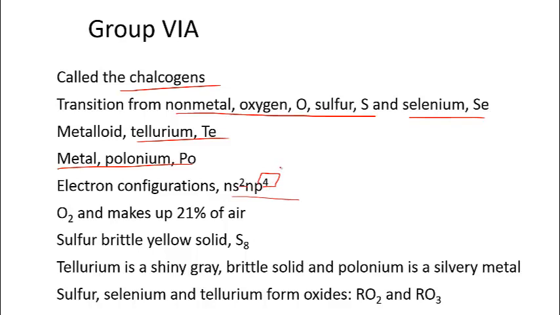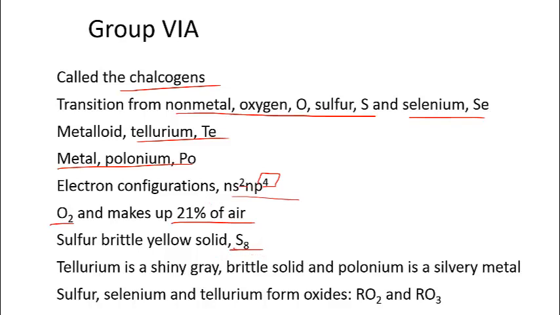Oxygen, like nitrogen, is an odorless gas, generally in the form O2. Oxygen makes up about 21% of the air we breathe. Sulfur is a brittle yellow solid with the form S8.